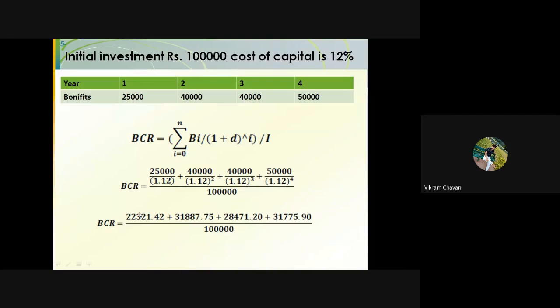So calculate this, and check whether you are getting the same values as mentioned here or not. Please mention in the chat box, and everybody do the calculation.